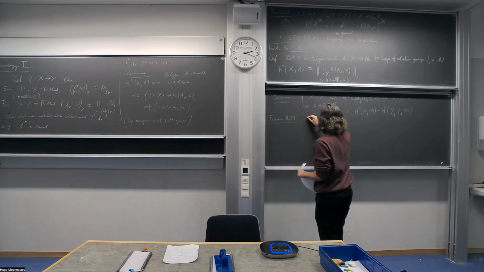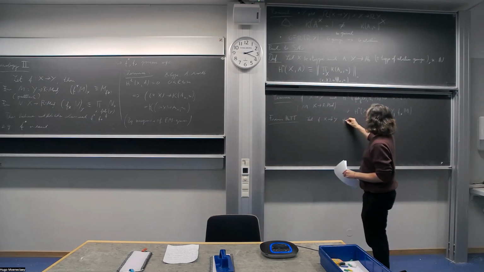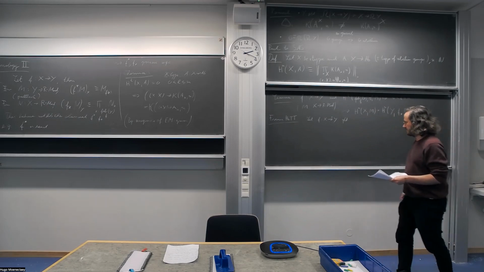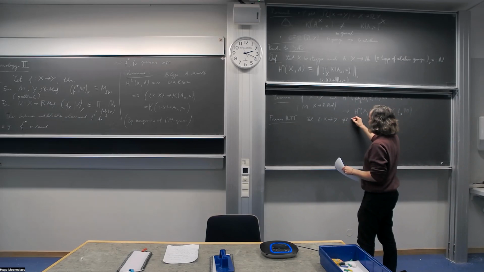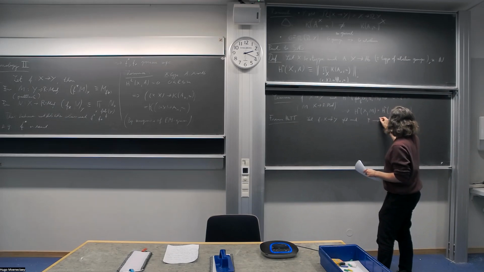So if you have just some pointed map, I indicate pointed maps with a dot, and F, let's say, is the fiber of f.